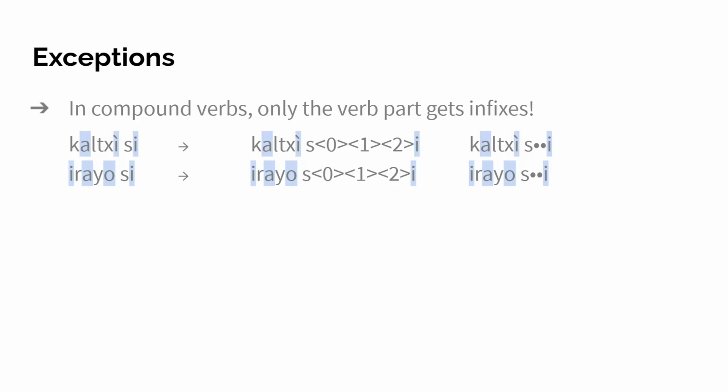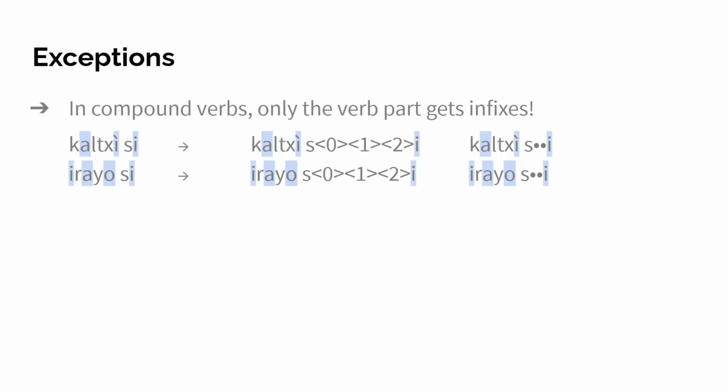C verbs are made from the C, which is a verb or a kind of helping verb, meaning to do something. And another word, so for example, iraio is a noun, the fang. And since iraio is a noun, it cannot take infixes. So everything goes into the C because the C is the verb part of the C verb. So very straightforward, we just put everything in the C.